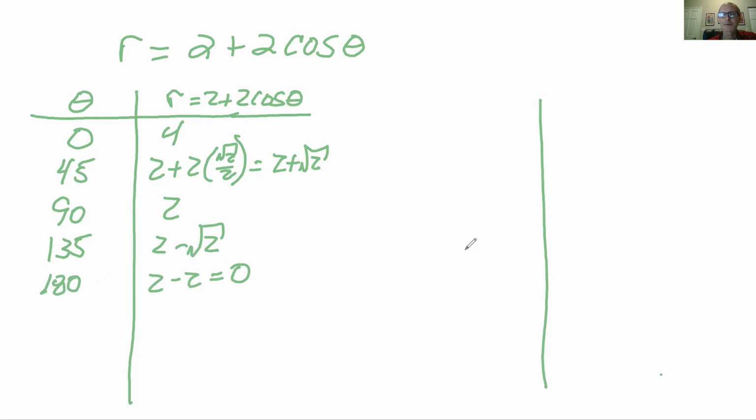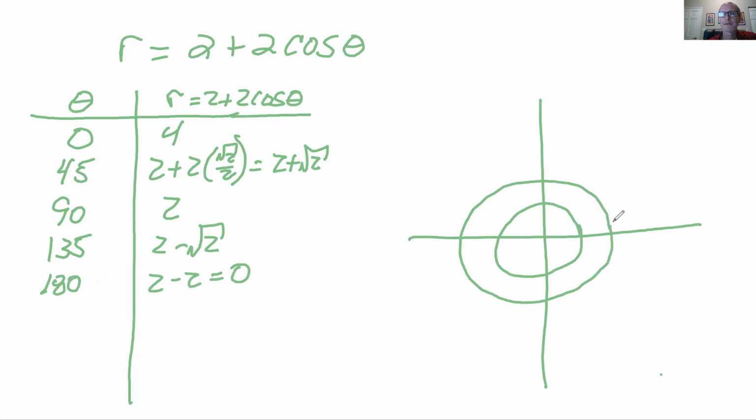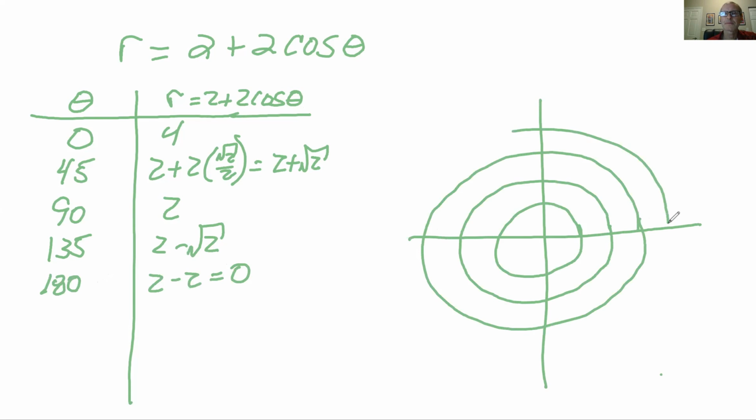So let's take a look at what we have here if we just start the graph. And we have to go all the way to 4. So let me get 4 of these on here. That actually is not too bad if I do say so myself. And if we put these in red, the 0, 4 would look right here.